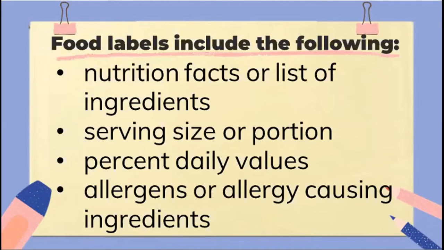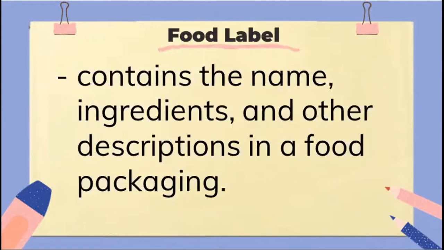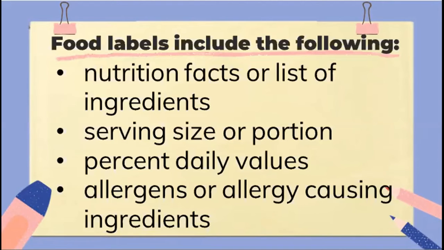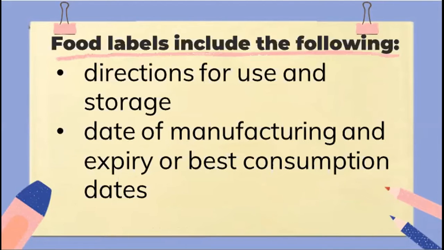We can also see the serving size or portion. The next one is percent daily values. The fourth one is allergens or allergy-causing ingredients. Then the last two would be directions for use and storage, and the date of manufacturing and expiry or best consumption dates. So those are the things that you can see in your food labels. By looking at the food labels, it helps you eat healthy and have a balanced diet.